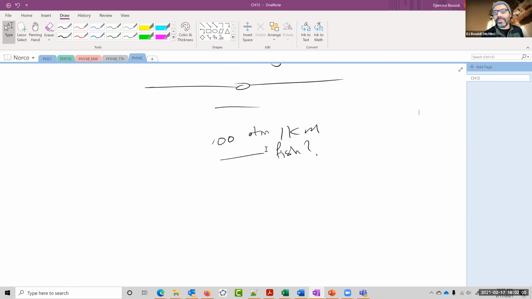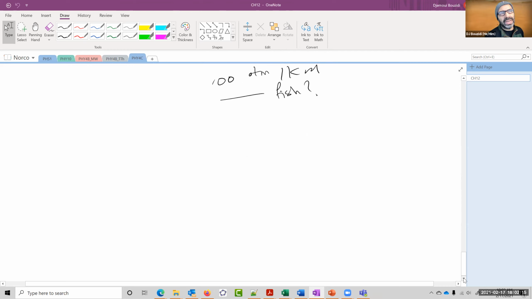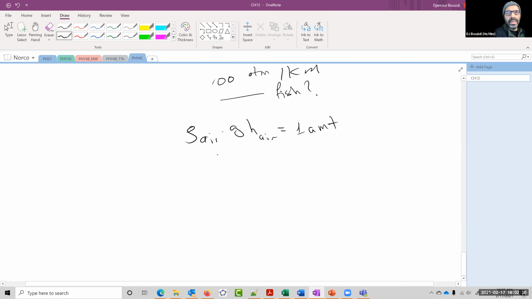Anyway, another interesting question is how high is the column of air? If you do this algebra, it's going to be a little bit wrong, because rho air times G times H of air must be equal to an atmospheric pressure on Earth, the one that you're sitting at.